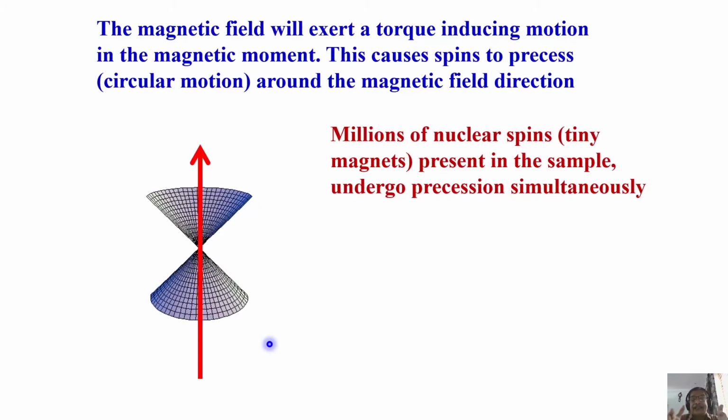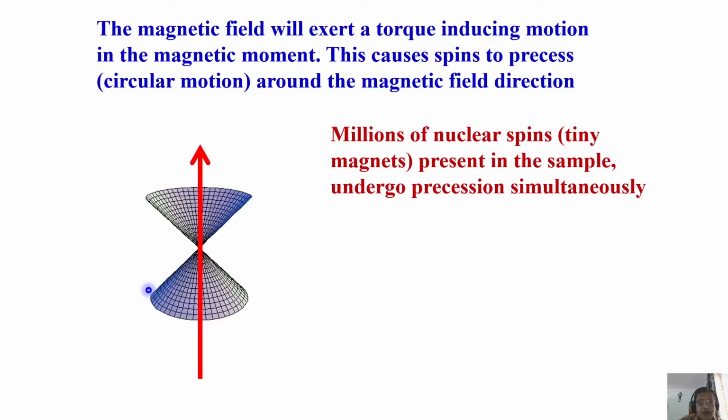You could calculate the angle theta in one of the earlier classes. So millions of such nuclear spins will be there in the sample. They all undergo precession simultaneously at the same frequency.